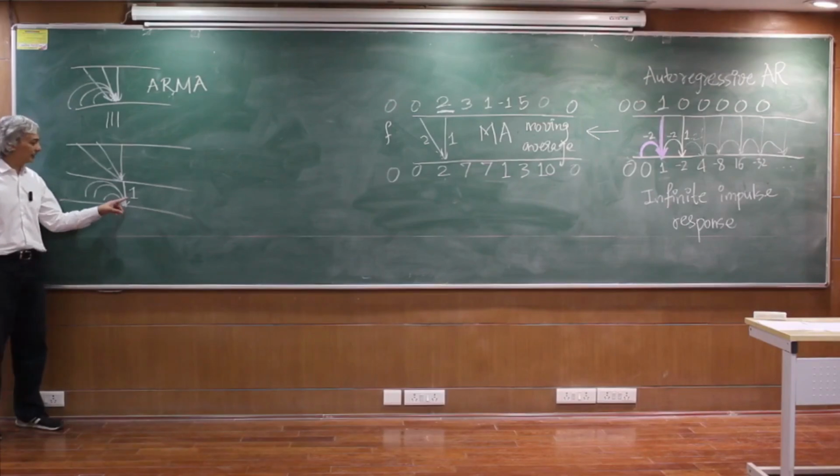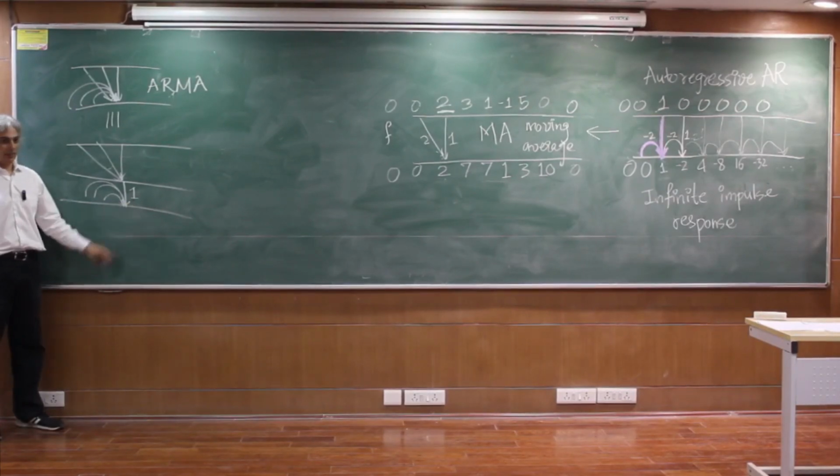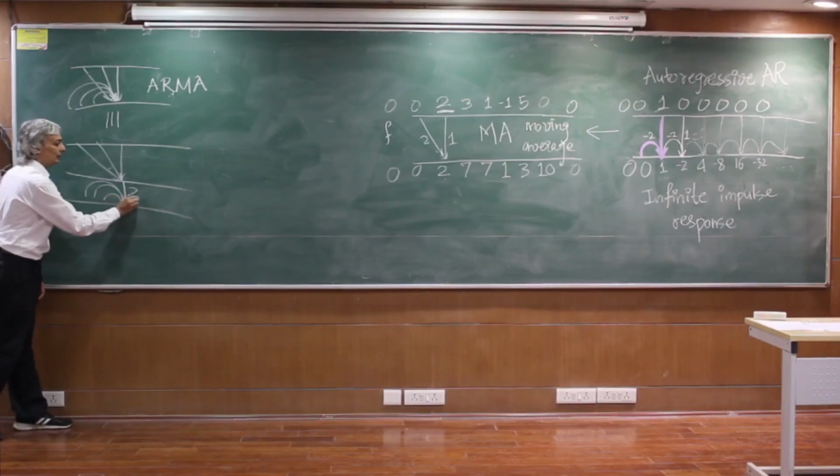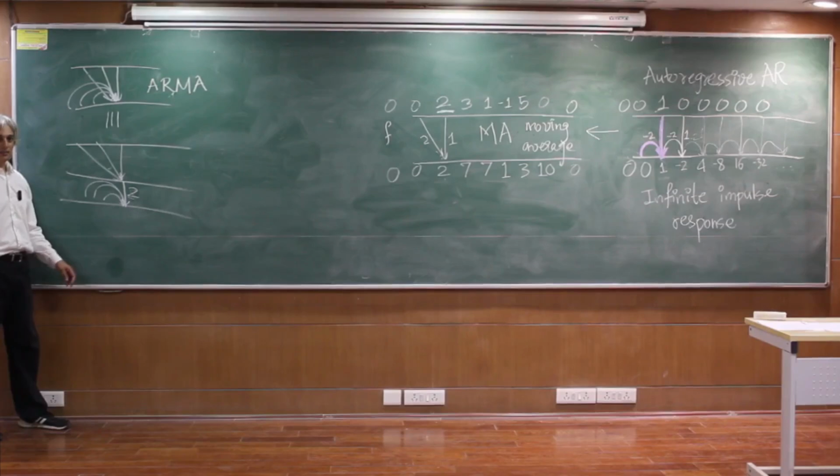So here's the interesting thing. When you're talking about ARMA filters, you can always fix this number to 1. And why is that? If I had this number be 2, let us say, that should be allowed.